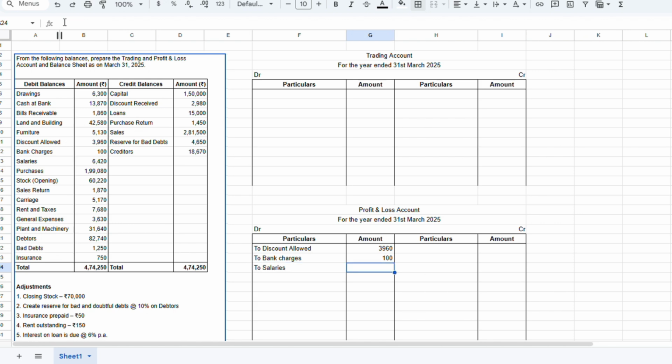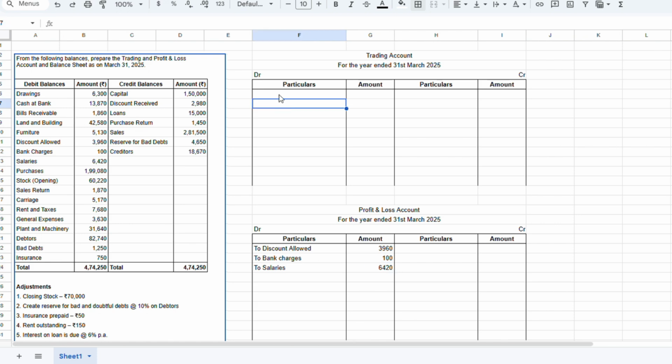Salaries 6,420. Next, purchases 1,99,080, which is a direct expense. So, trading account, debit side, purchases. But before that, we will record opening stock.